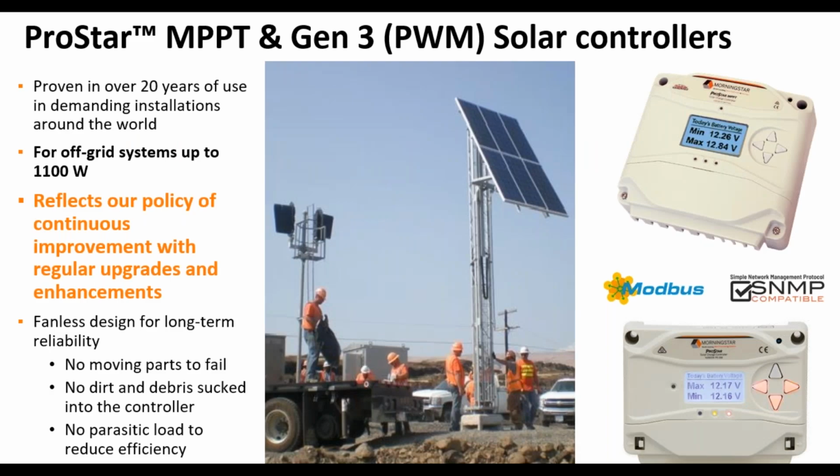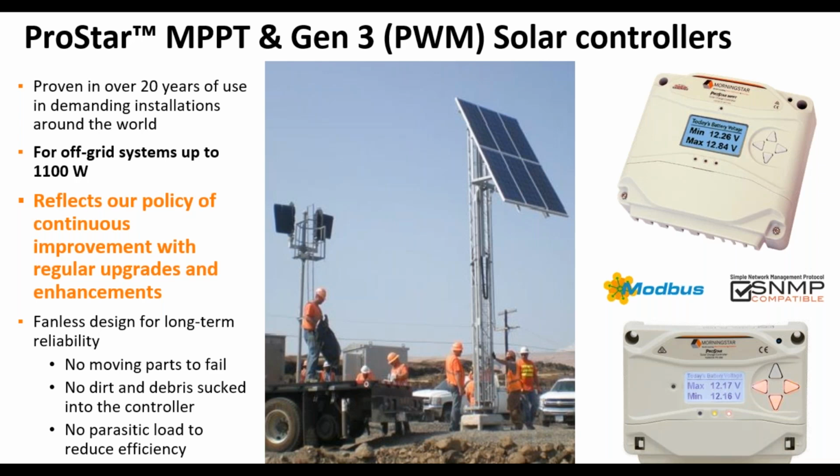Okay. So to talk about the ProStar MPPT and Gen 3, these products, as I said, have really been flagship products for Morningstar. They cover applications of up to 1100 watts in PV charging capability, and that is continuous.